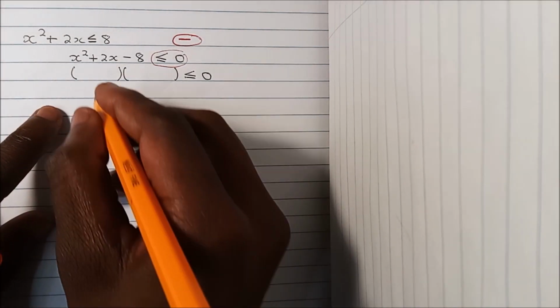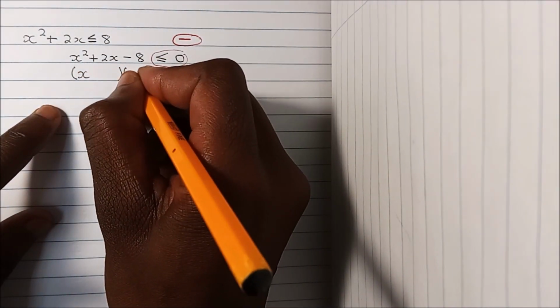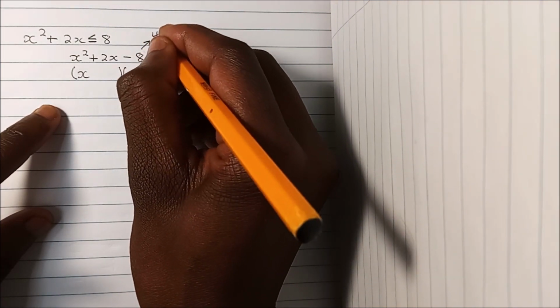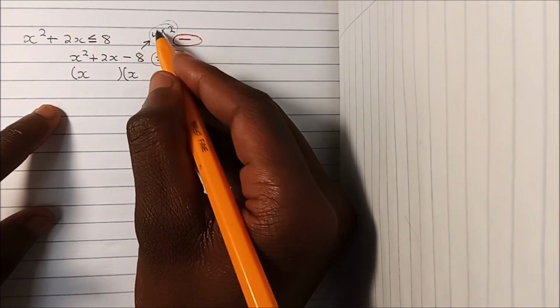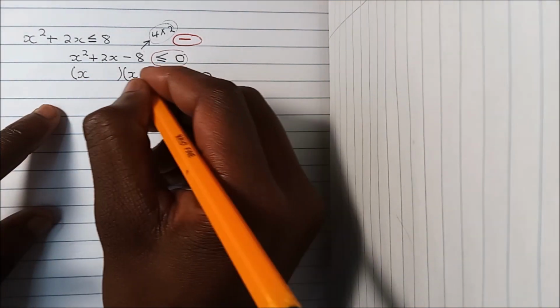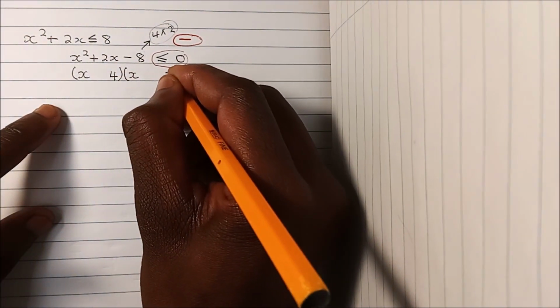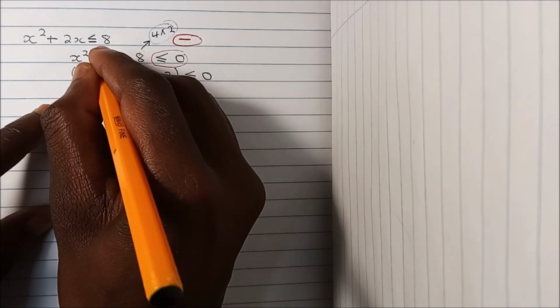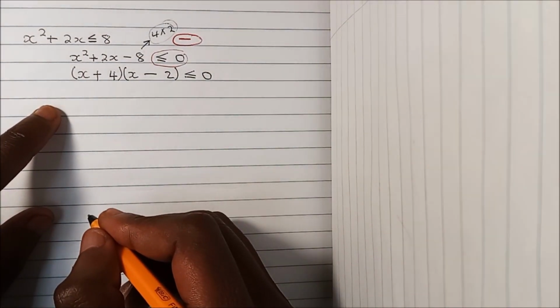Nothing wrong. So now we will have x, two numbers that when you multiply, you get 8. It's 4 and 2. When you subtract, you get 4. That is 4 and 2, our factors. Which one is big between 4 and 2? It's 4. It will take that sign, and then that one will be minus.